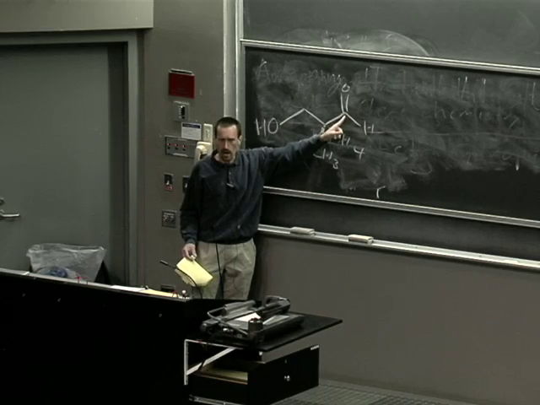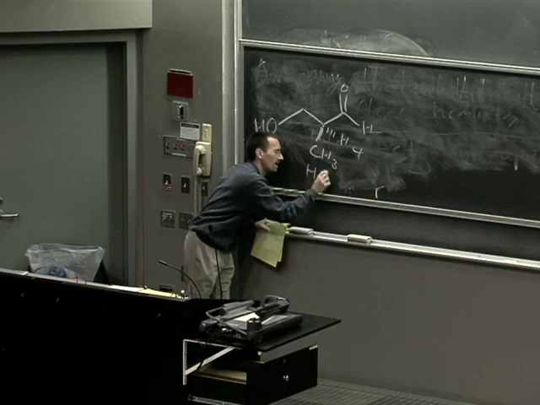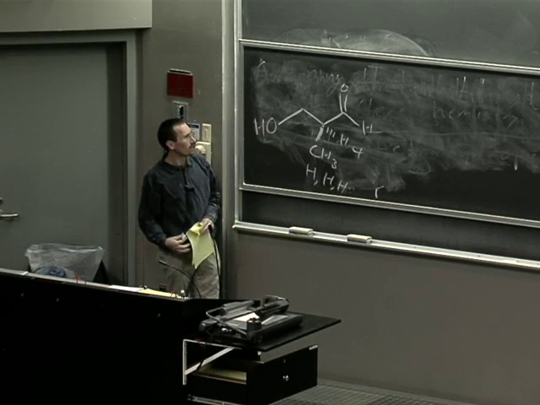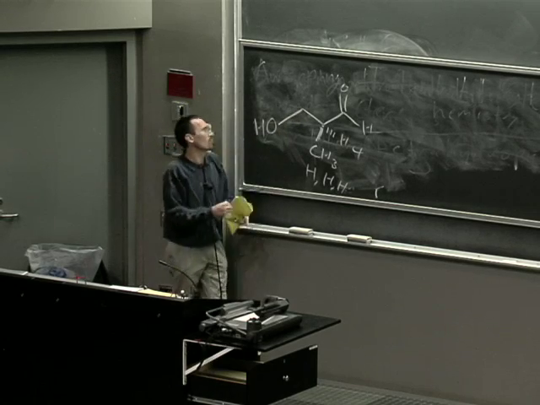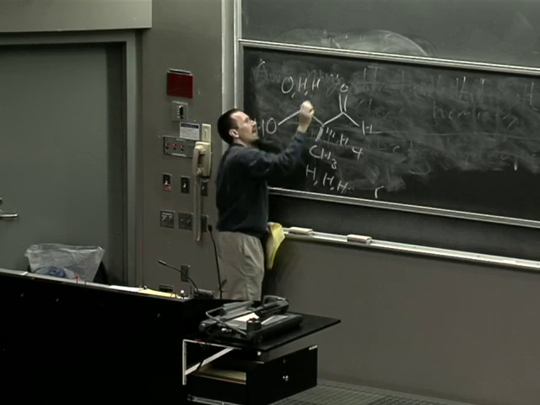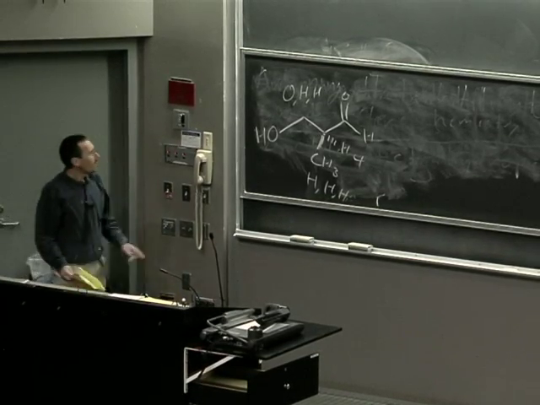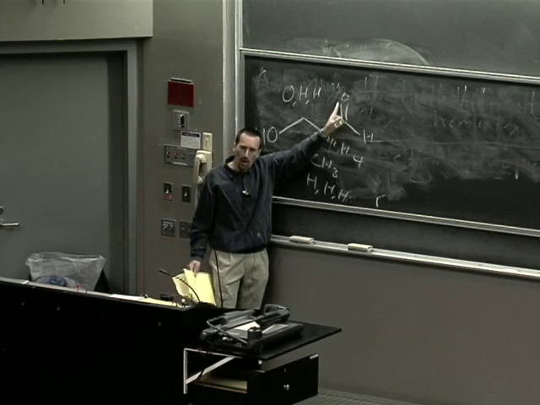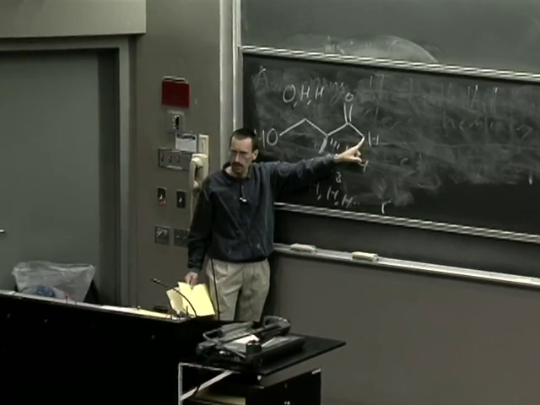Now we have 3 carbons. A methyl group has H, H, and H attached to it. The carbon with the OH group has O, H, and H attached to it. The carbon that makes up the aldehyde also has an oxygen and a hydrogen attached to it.